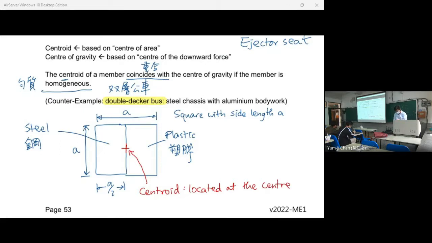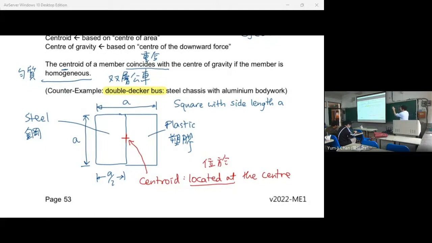Located at. So we look at a square with side length A here, and the centroid of the square is located at the center. Even if the left half is made of steel, and the right part is of plastic.